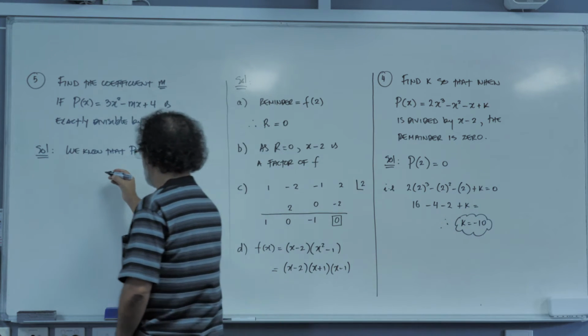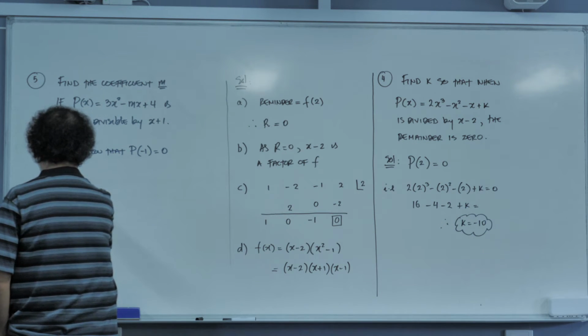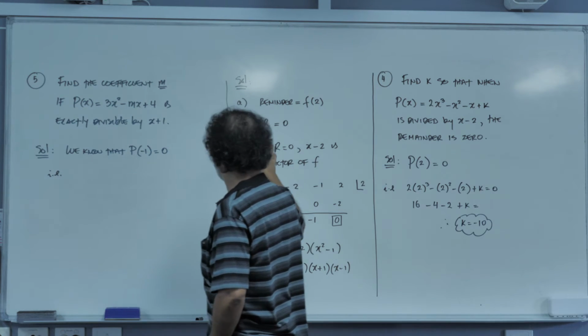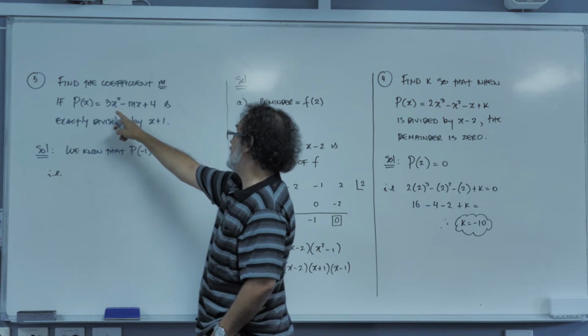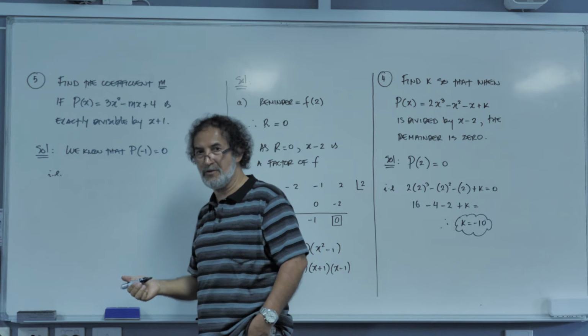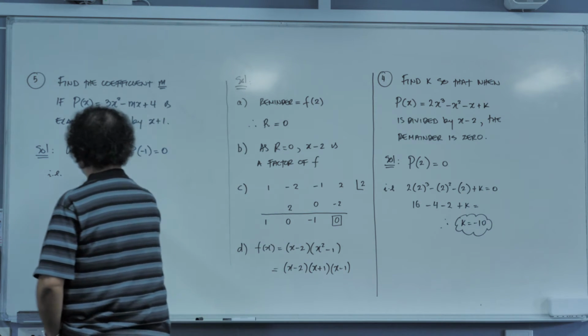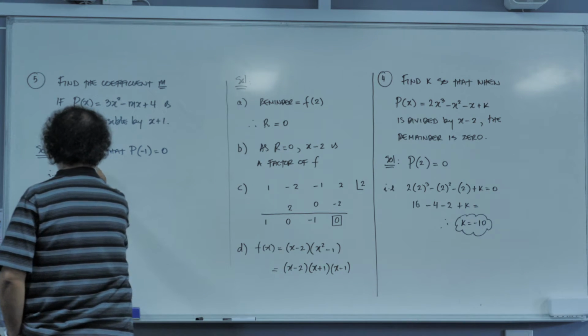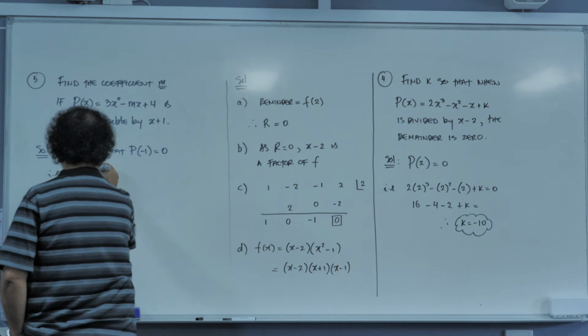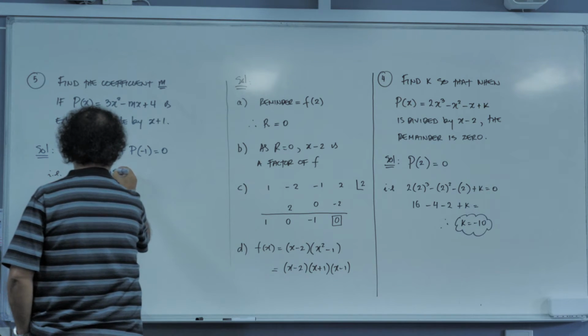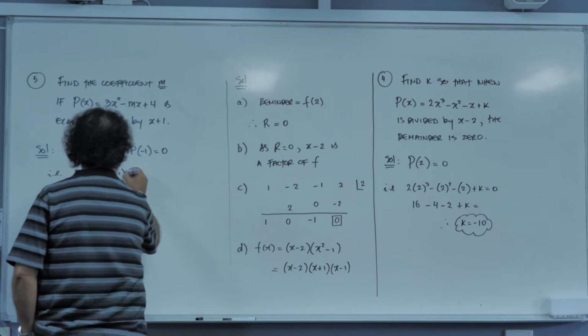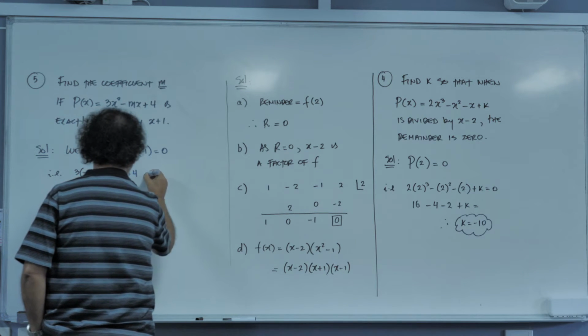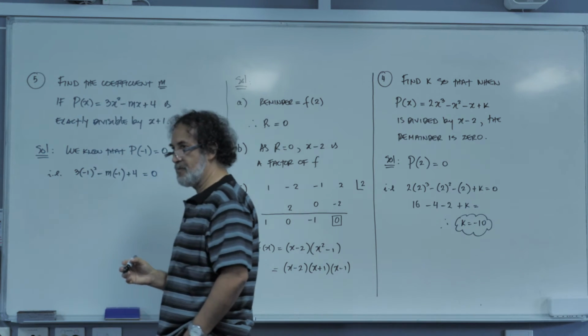Okay, and then we're going to do exactly what we did to the other one. So we're going to substitute negative 1 in here, and that will let you find the answer, right? So then we're going to say 3 multiplied by negative 1 squared minus m multiplied by negative 1 plus 4 must be equal to 0.